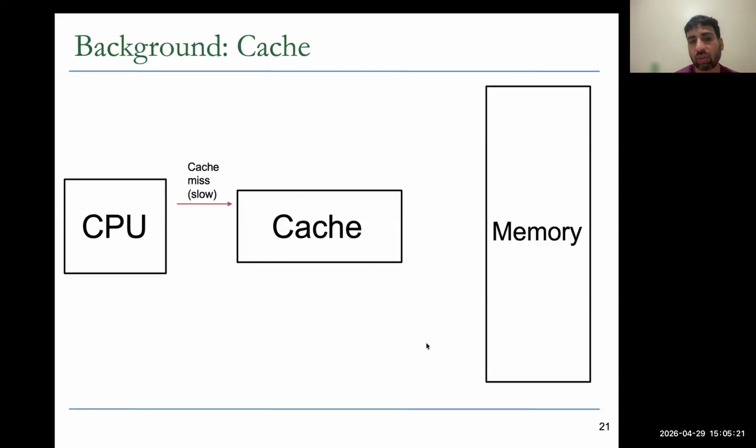If the data is not found in the cache hierarchy, it means that it is a miss and the data access will be slow, which means that now we need to go down to the memory and bring the data from the memory into the cache, right? But next time, if the CPU tries to access the same data again, since a copy of that data was made in the cache, it will be a hit in the cache, and the second access to the same data will be faster.